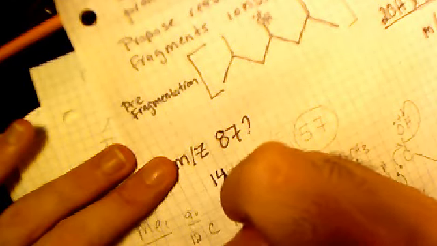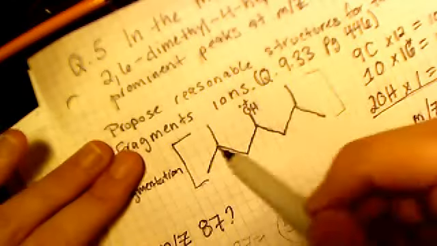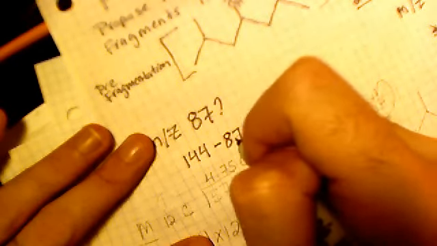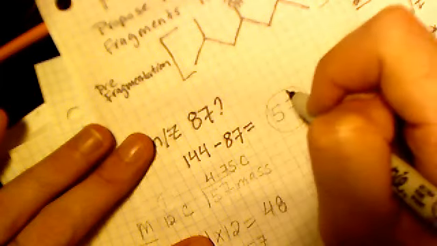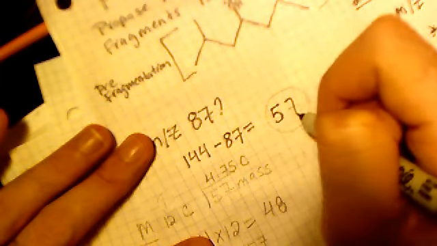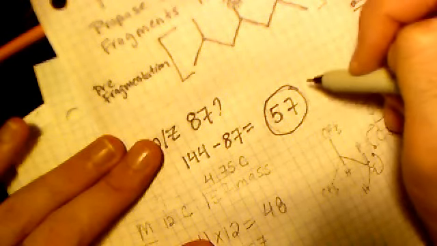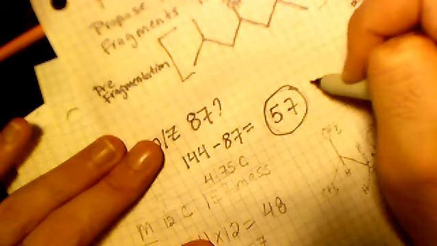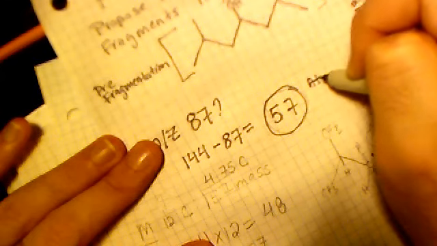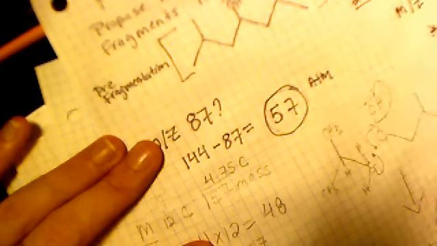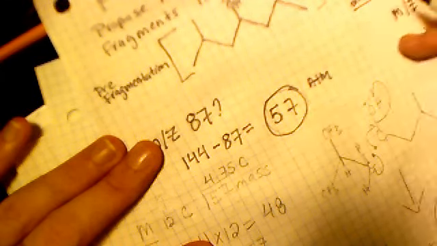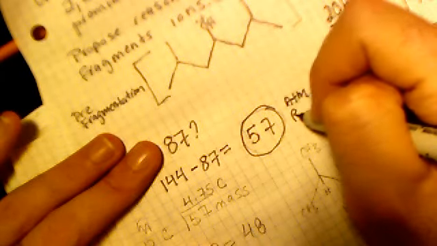Alright, so let's do the mass over charge of the 87 fragment. I took 144, which is the mass of the entire molecule, and I subtracted 87, which is the weight of the new fragment, and I got a total of 57. That means 57 atomic mass units left, but they left as a radical.